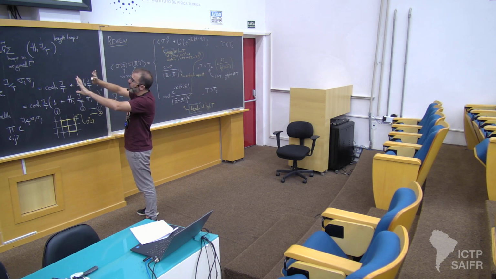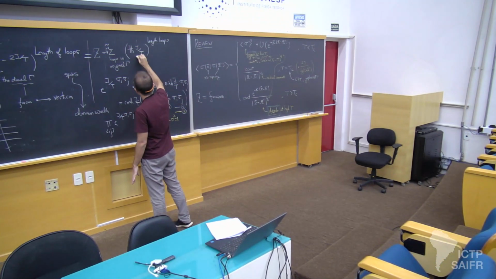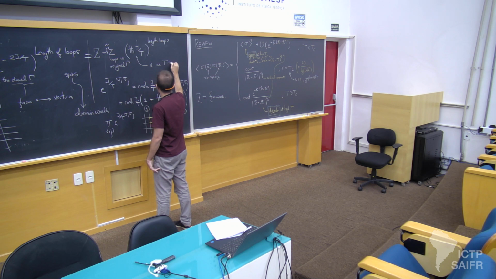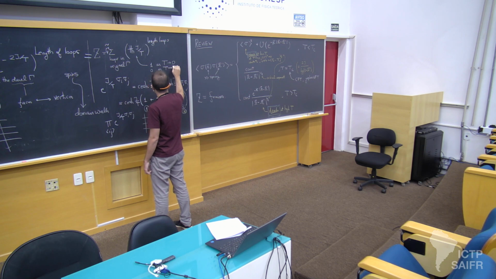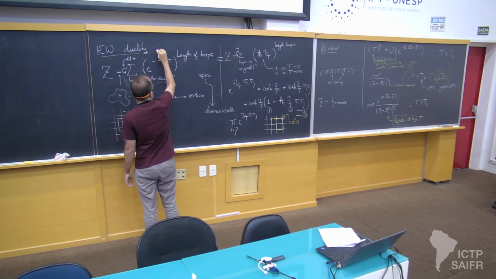And this one expression, this expression here, this weight goes to 1 as T goes to 0, and goes to 0 as T goes to infinity. Whereas this one is the other way around.